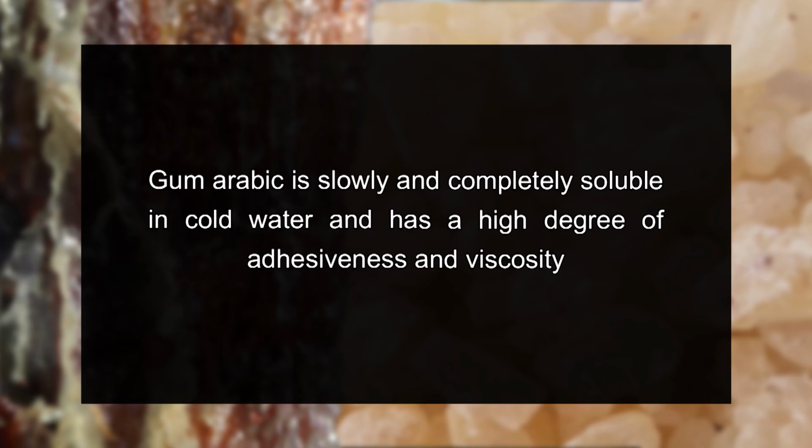Gum arabic is slowly and completely soluble in cold water and has a high degree of adhesiveness and viscosity. Most has been used in textile, mucilage, paste, polish, and confectionery industries and as a glaze in painting. In medicine, it has been used as an emulsifying agent and as a demulcent.